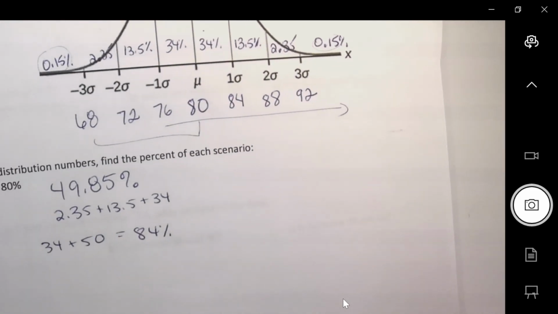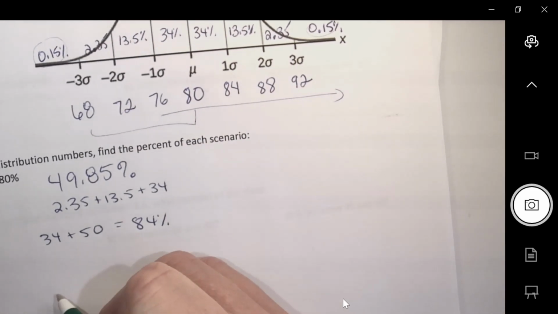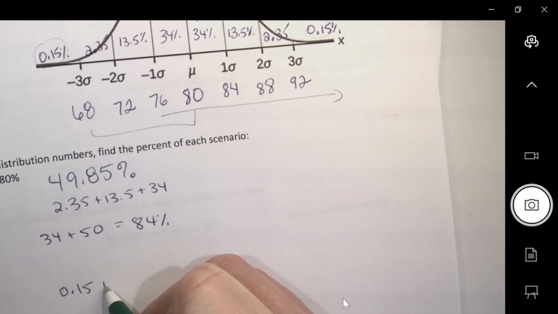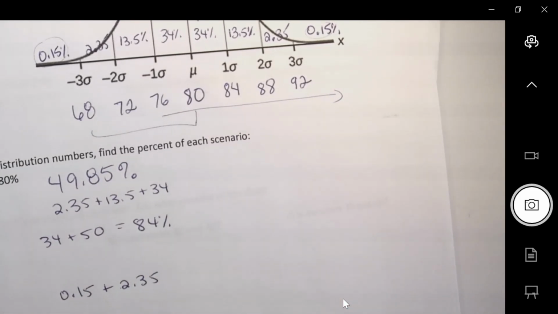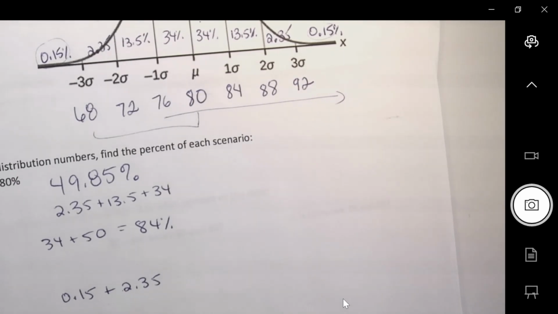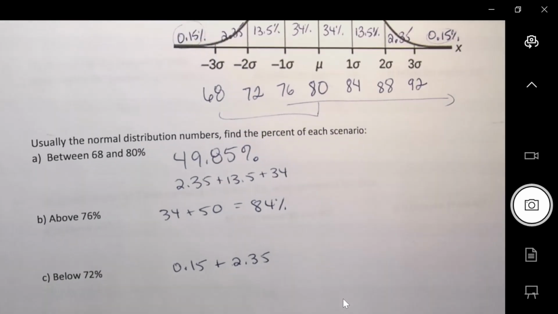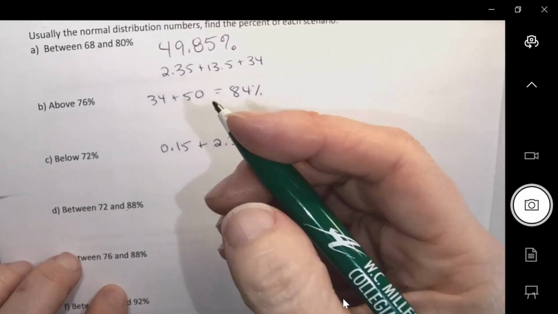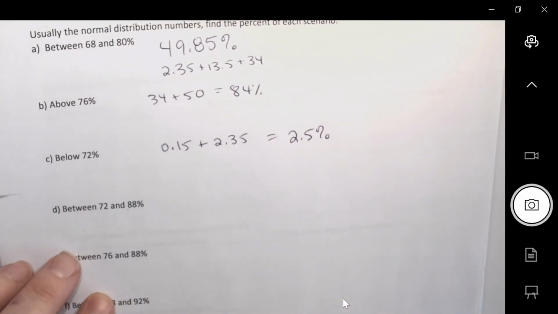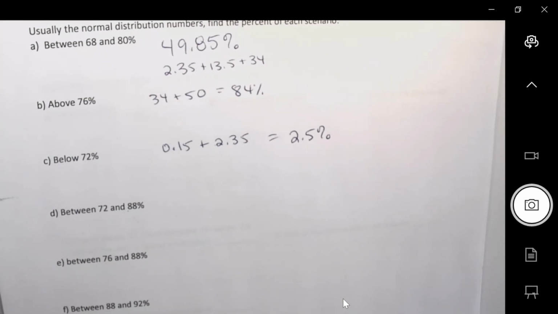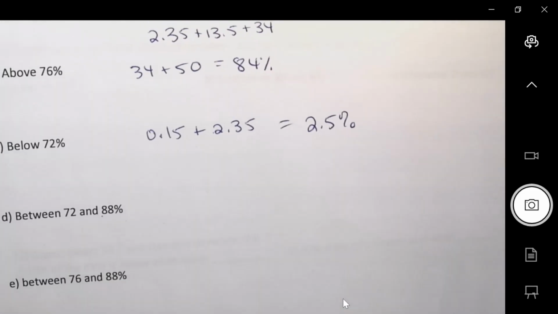Okay, so the below 72, you should add, it'll be a very small amount, right? Okay, keep going. I think you can do the next one.